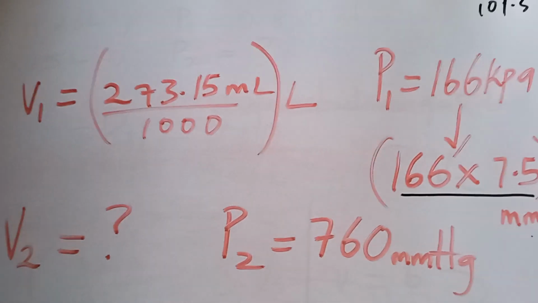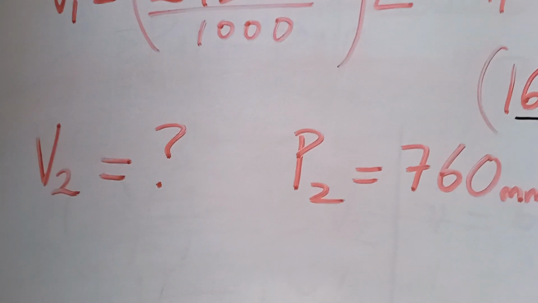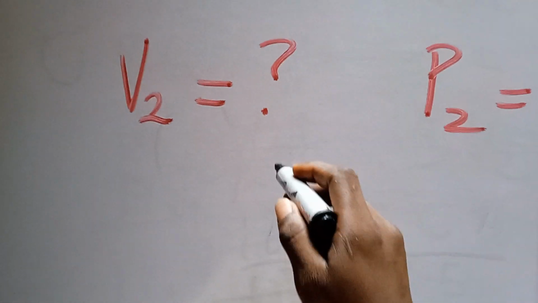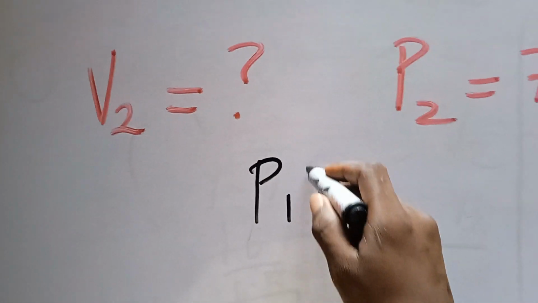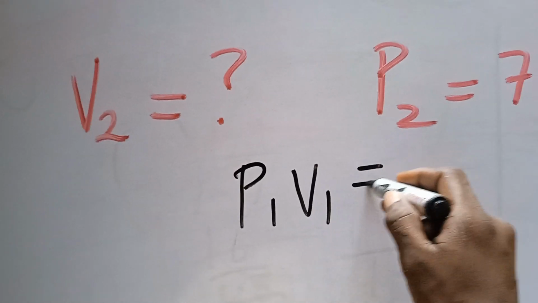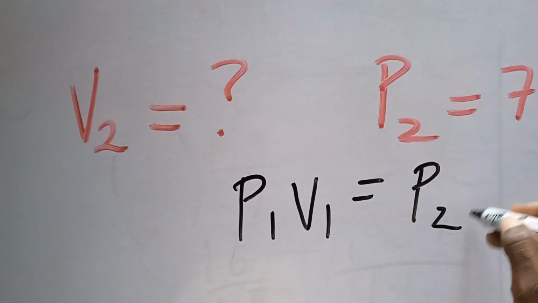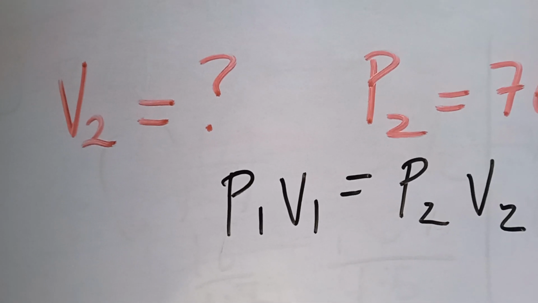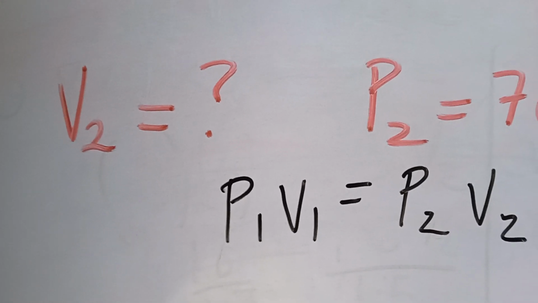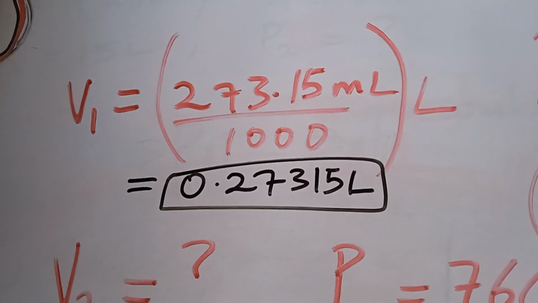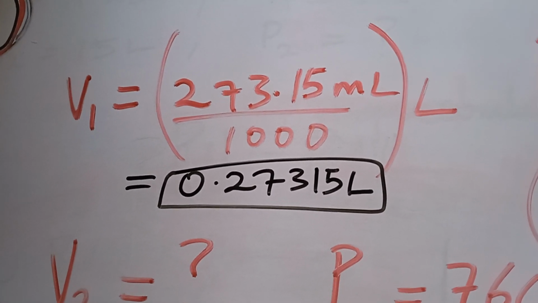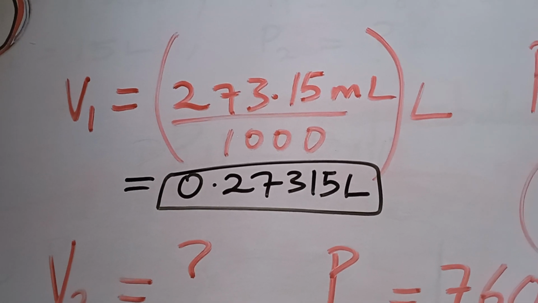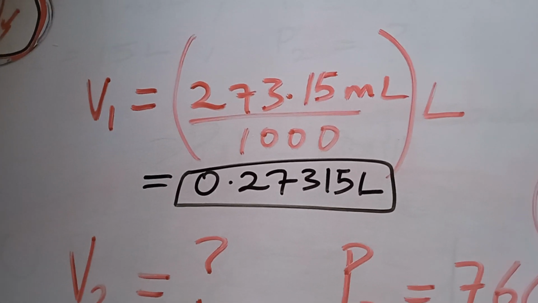Which formula relates volume and pressure? Boyle's law. 273.15 divided by 1000 will give us 0.27315 liter.